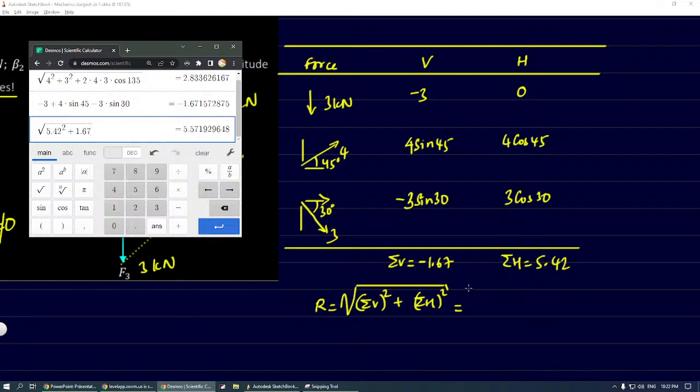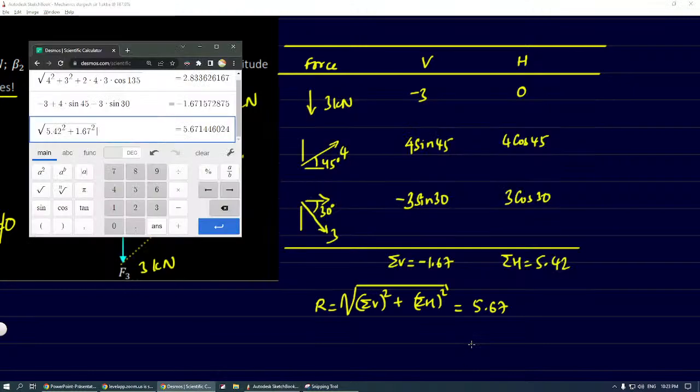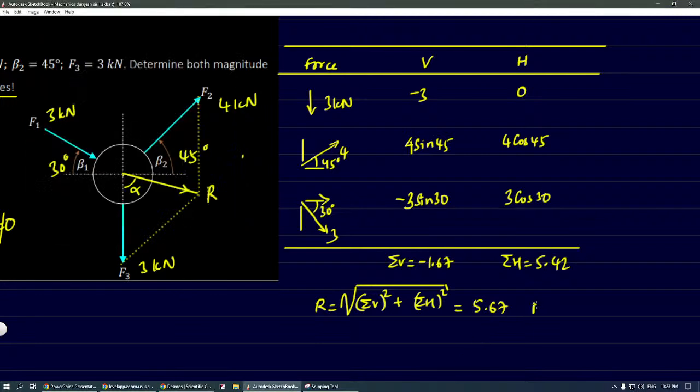The minus will get cancelled here. 1.67 the whole square plus 5.42 the whole square. Yes, 5.67, so this is the magnitude.